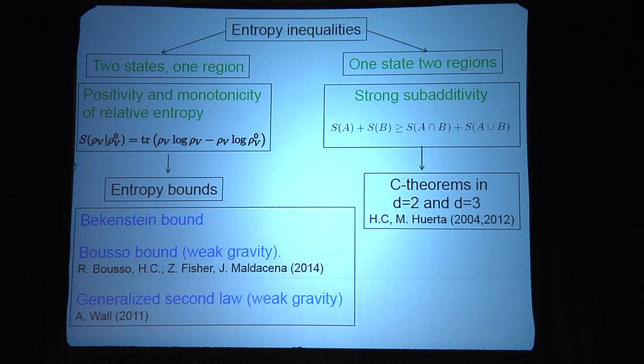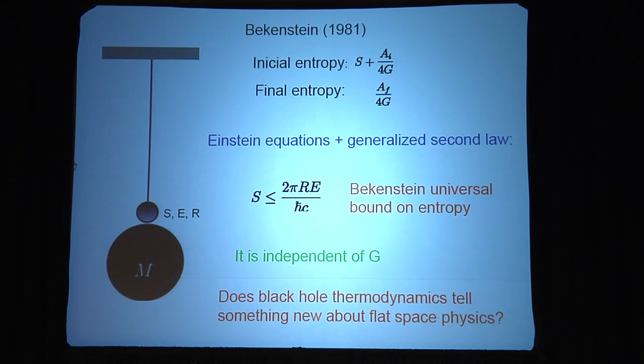So I will talk about the Bekenstein bound and the C theorems, and the proofs of these things are very, very simple, so I can explain the main features in the next few minutes.